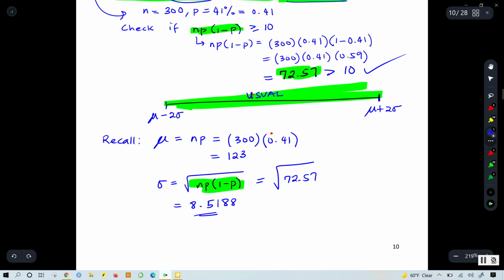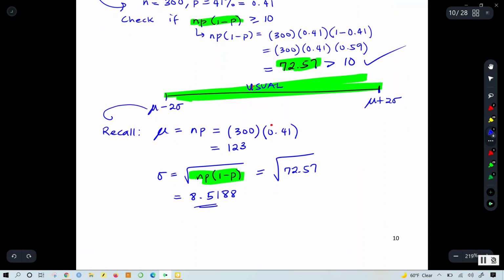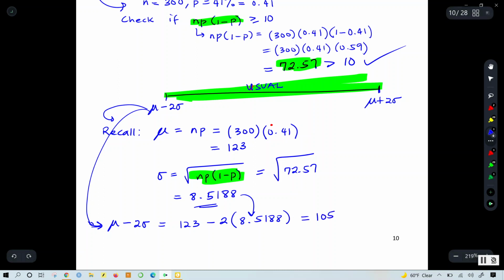So with that said, we're ready to find the value of mean minus 2 standard deviations, which is the lower bound here. That will be 123 minus 2 times 8.5188. And this should give 105.9624.